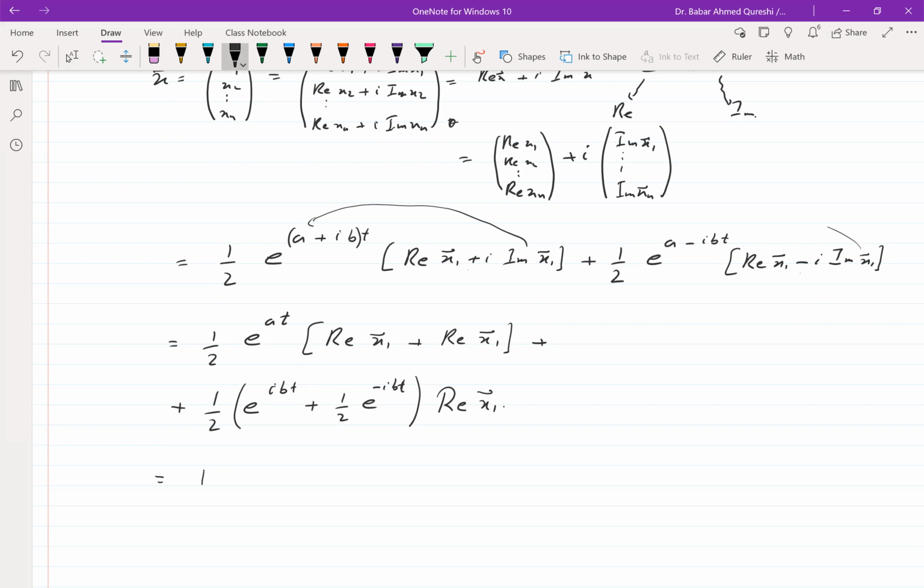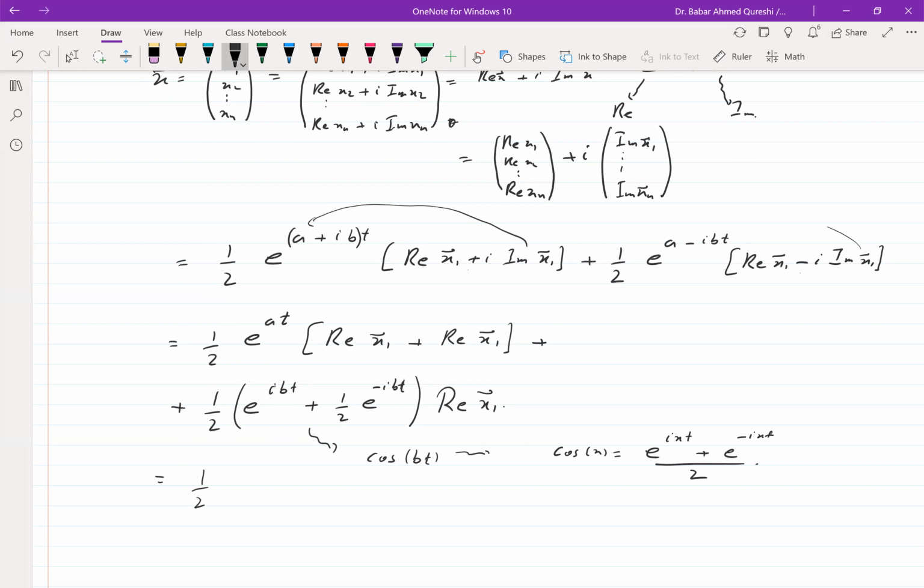So this part will become cosine of bt, because if you recall, the expansion of cosine: I can write cosine of xt as e to the iota xt plus e to the minus iota xt, over 2.